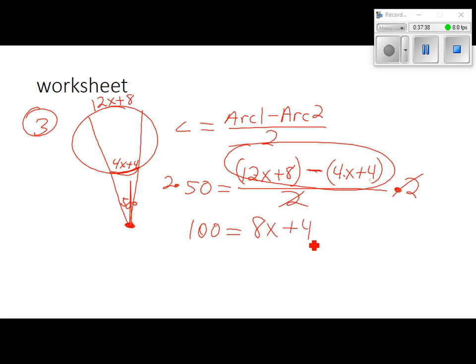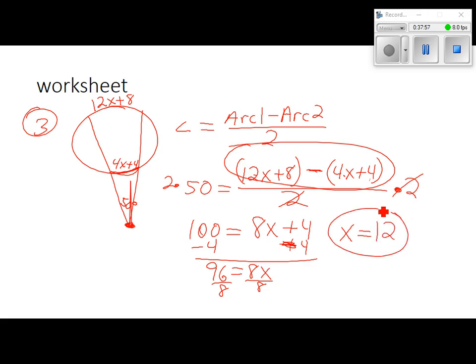And then we got an equation there that we can solve, subtract 4 on both sides. We end up with 96 equals 8x. Divide by 8. You end up with x equals 12. So if x equals 12, and all they wanted you to find there was x.